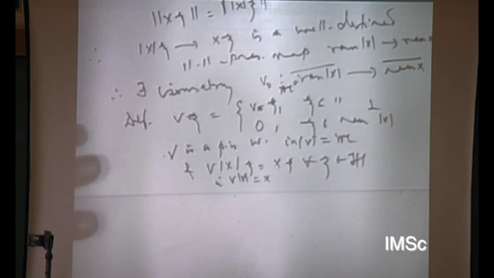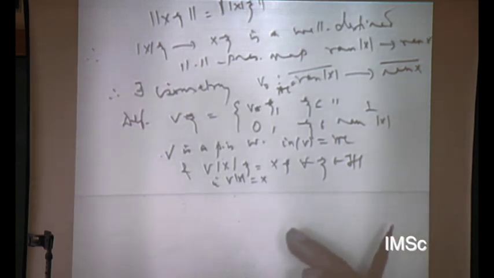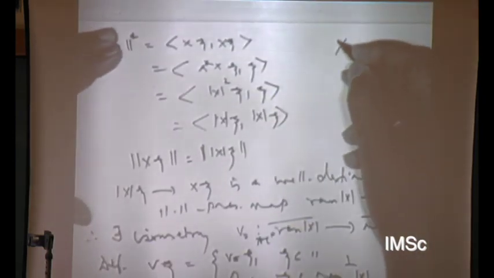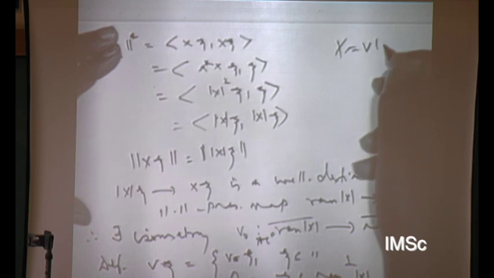That A is going to be mod x. That means the kernel of V, kernel of x. So the polar decomposition is x equals V mod x.